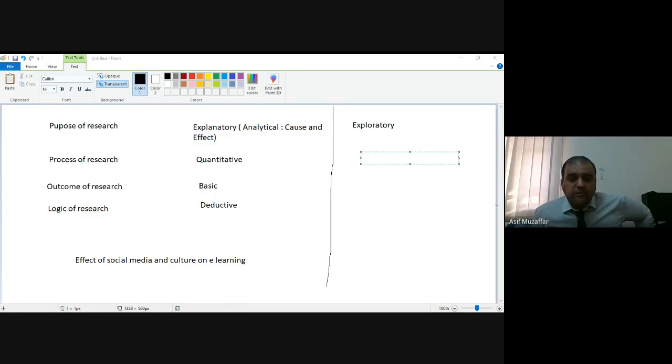How would I collect the data? Which type of data will I collect? Quantitative or qualitative? Exploratory research, what type of data will we collect? Quantitative or qualitative?